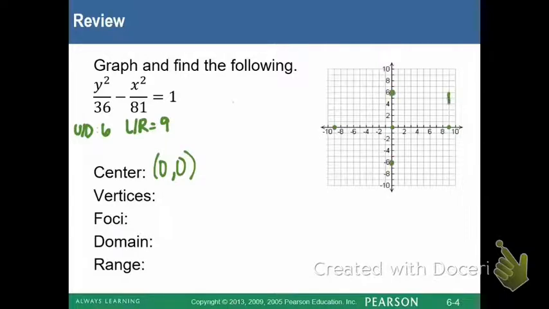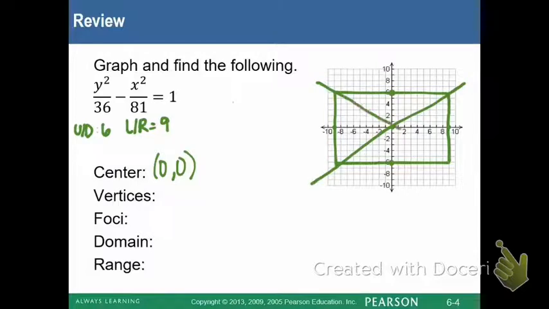Okay, from here I'm going to draw my rectangle. Do my best here to draw in my asymptotes. And then I go back, since the y's are first, I know it's going to be opening up and down.